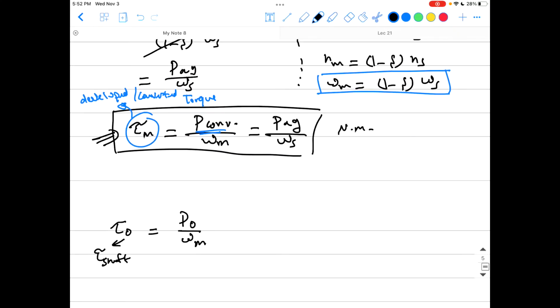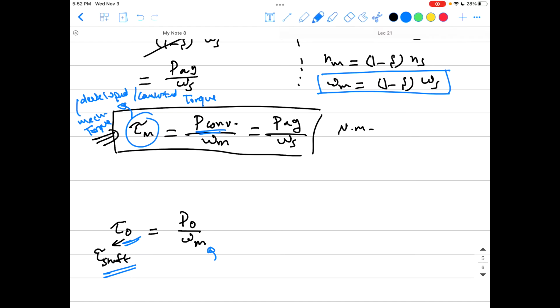Yeah, this torque we call the developed torque or the converted torque, or sometimes even the mechanical torque. So you can find it from here. But if I want you to find the shaft torque or the output torque, that is the actual torque going to the load, that will be PO over omega m. And that can be called also T shaft, or T mechanical, sorry.